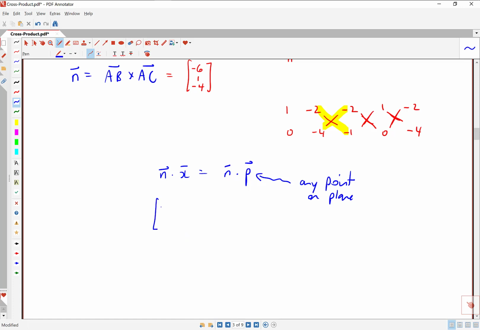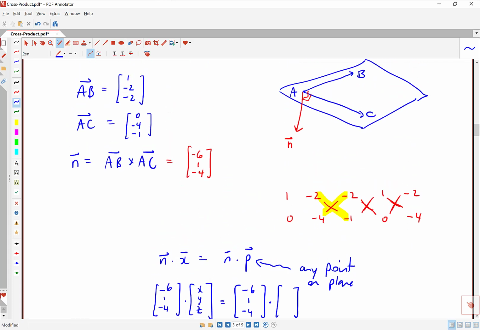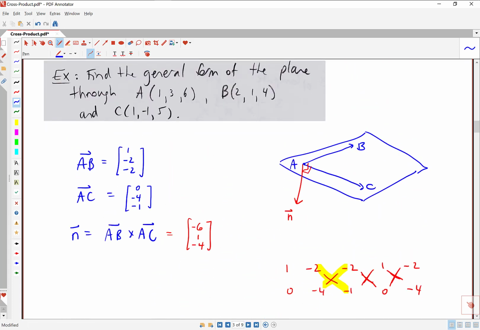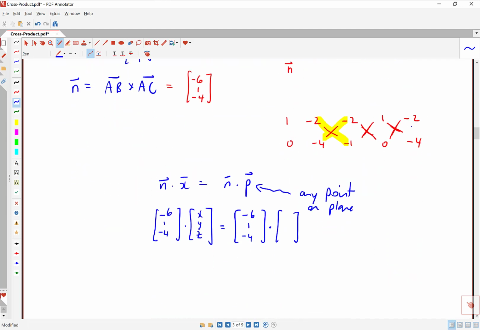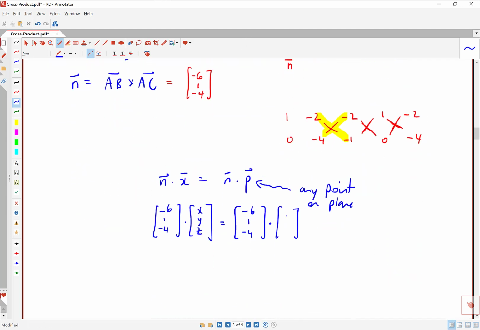So let's plug in. Here's our normal vector, dotting that with the vector x, which just contains our variables x, y, z. And we're saying that's equal to our normal vector dotted with the vectorization of any of our points. So let's scroll up to our points here. I'll just choose A by default, but you could equally well choose B or C. So I'll plug 1, 3, 6 in there, and we'll just do our algebra.